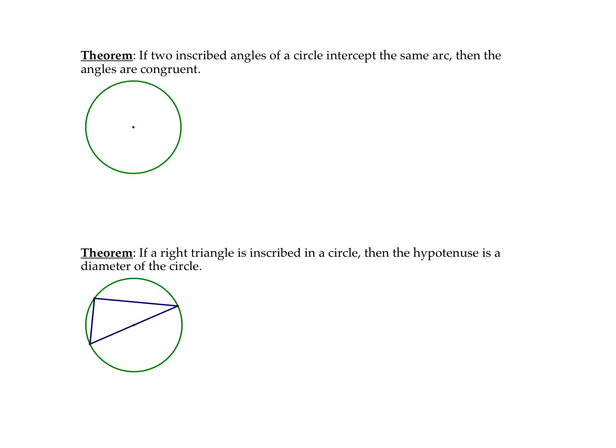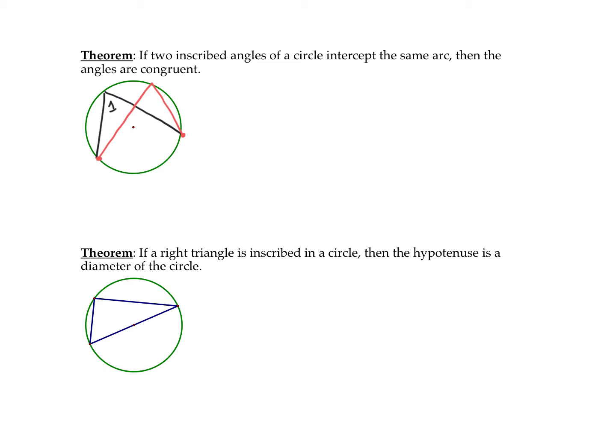Our next theorem states that if two inscribed angles of a circle intercept the same arc, then the angles are congruent. So if I draw two inscribed angles, I'm going to call this angle 1, and I'm going to draw a second one so that its endpoints end up in the same position.